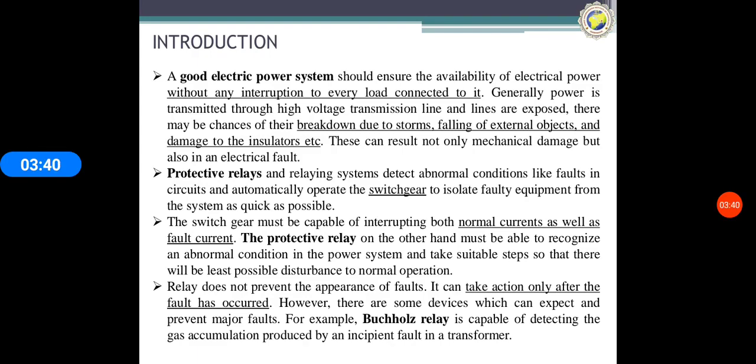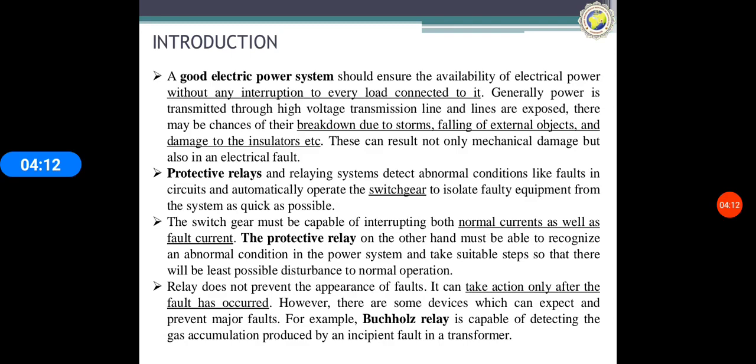So the protective relay and relay system detect the abnormal conditions and automatically operate the switchgear to remove or isolate the equipment from our power system as quickly as possible. The switchgear must be capable of interrupting both the normal current as well as the fault current.